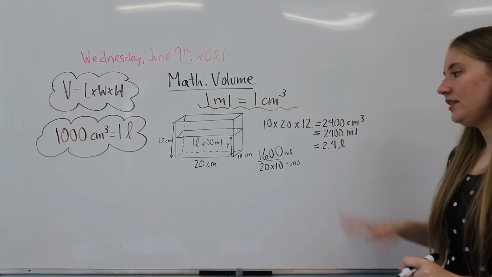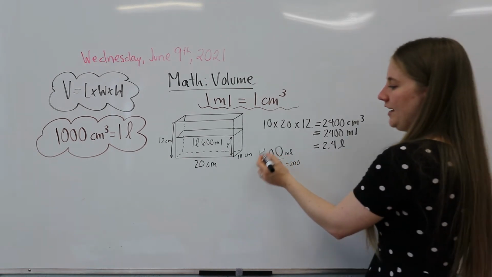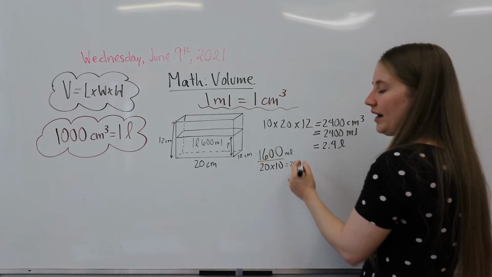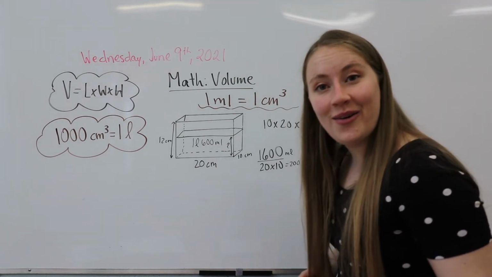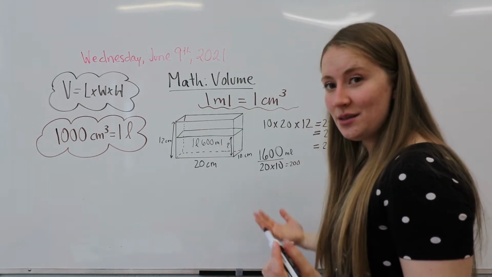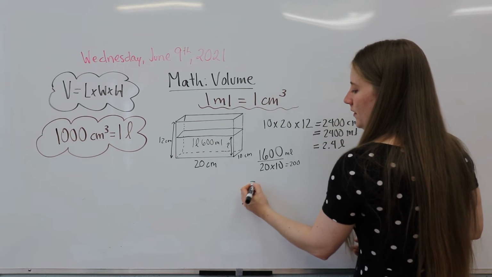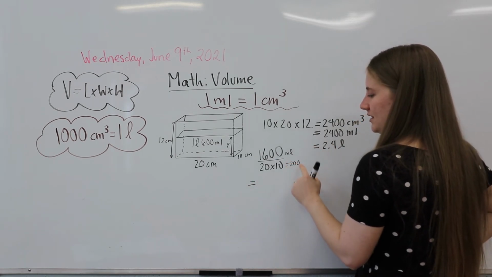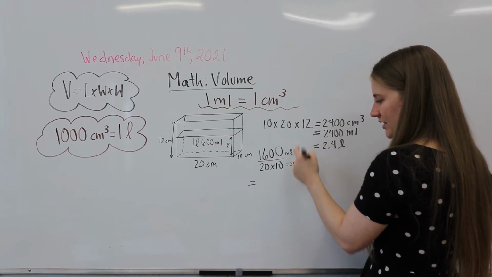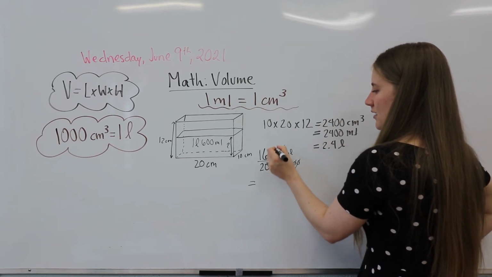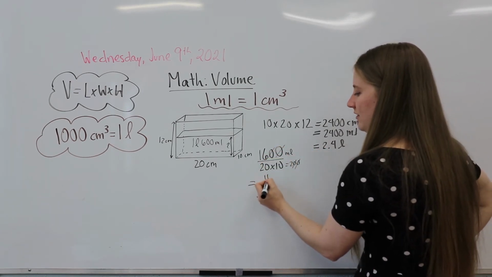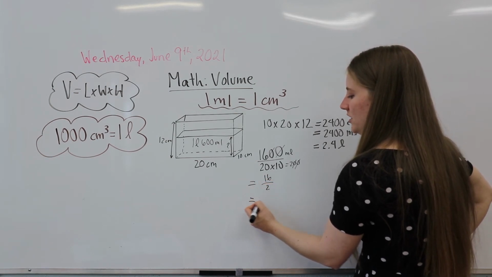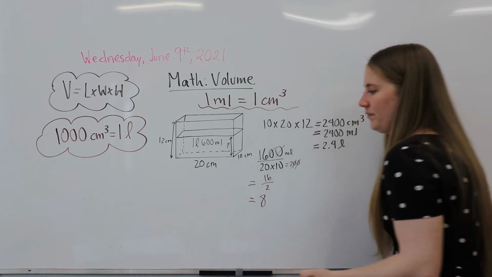Okay? And what we can do, because now we have to divide 1,600 by 200, and we know that because this is a fraction, we can simplify it, and we can knock off our zeros, okay? Because there's 2 zeros on the bottom and 2 zeros on the top. So I'm gonna cross out the zeros, and then we just have 16 over 2, which is gonna give us 8, okay?